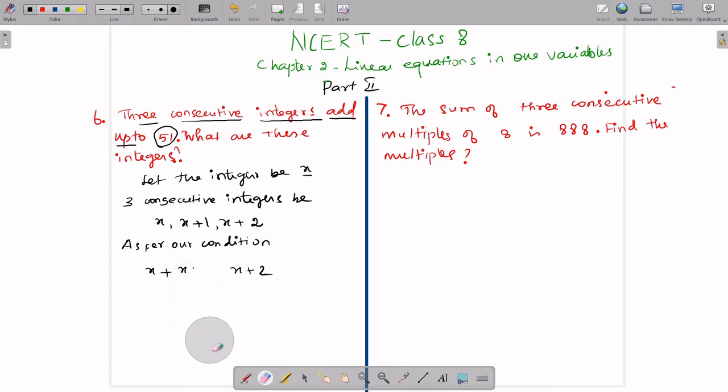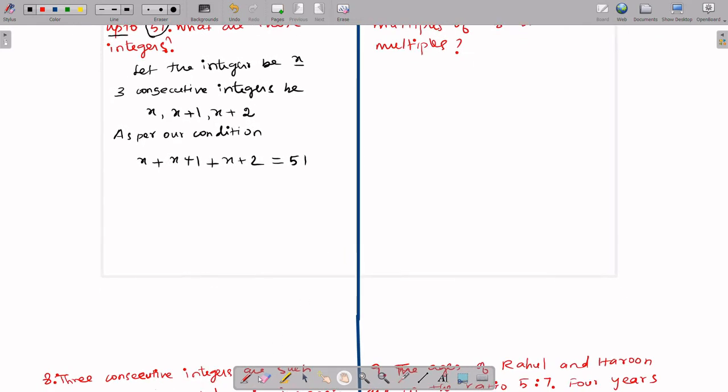Adding all the terms, x plus x is 2x, and 2x plus x is 3x. Then 1 plus 2 is 3. So 3x plus 3 is equal to 51.